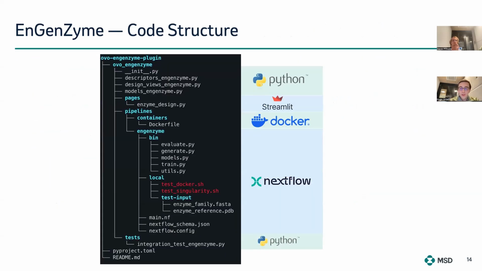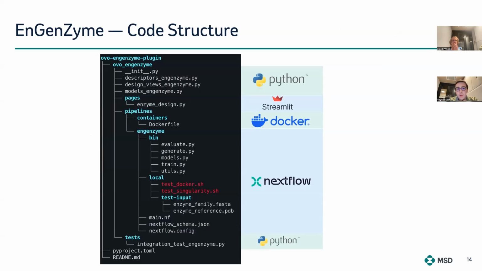This is kind of repeating what David said in the beginning, but this is what the structure of the directory actually looks like. Firstly, you define in the init file basically the interface between your plugin and OVO.